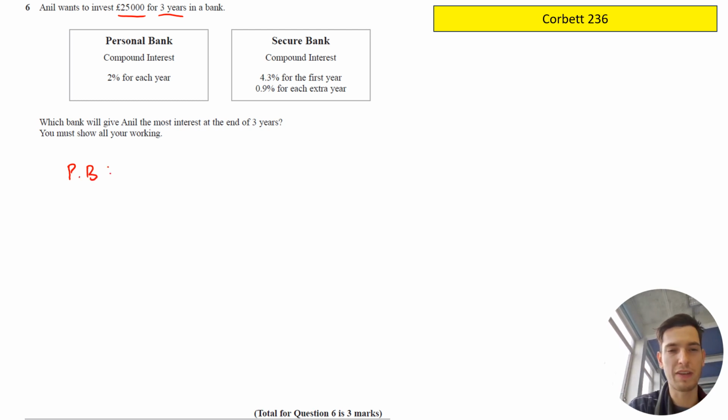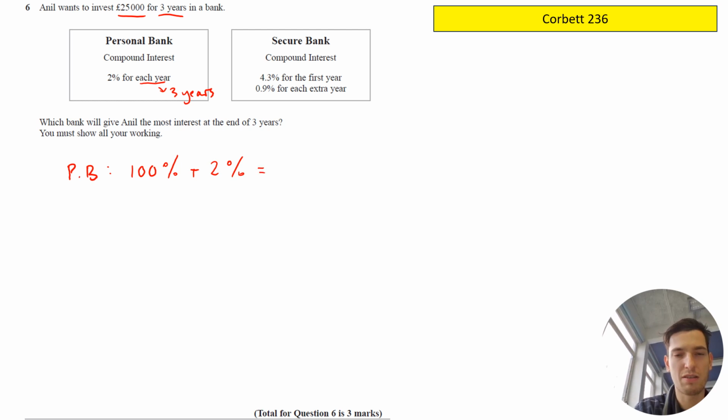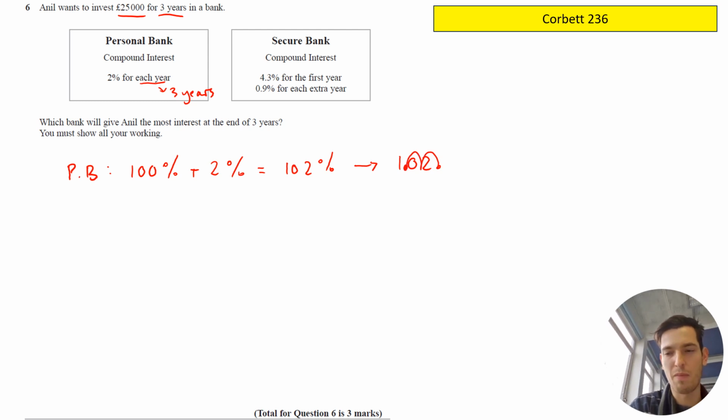So 2% for each year. So each year, that means for 3 years, because he's investing it for 3 years. So just very quickly, I'll remind you how we work out the scale factor. So when we have percentage, we're increasing our money. So starting off with 100%, if I add 2%, I've now got 102%. And then converting that into a decimal, well, if I divide by 100, my scale factor is going to be 1.02.